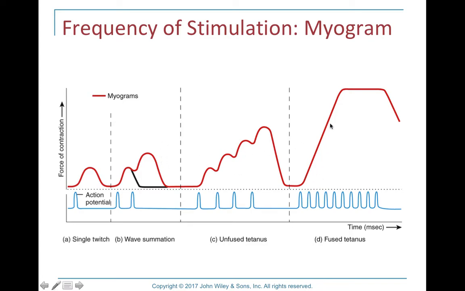Now, when it becomes fused, it's no longer wavering, and so we cannot detect the individual twitches in the muscle. We know that we have separate action potentials, but we can't actually detect those in the contraction.